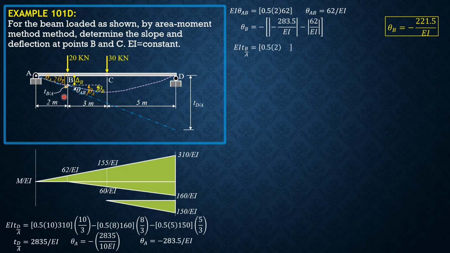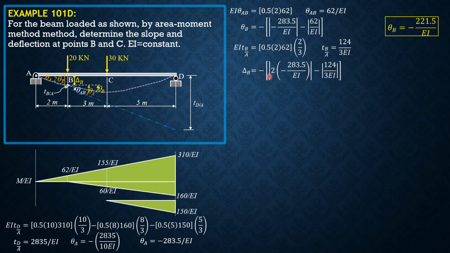EI times the deviation of B relative to A is 0.5 of 2 times 62 times 1/3 of 2, 2/3. So therefore, it is equal to 124 over 3 EI. Positive because B is above the reference tangent at A. So therefore, delta B is negative of absolute value of 2 times theta A minus absolute value of deviation of B relative to the tangent at A, which we have just computed, 124 over 3 EI.